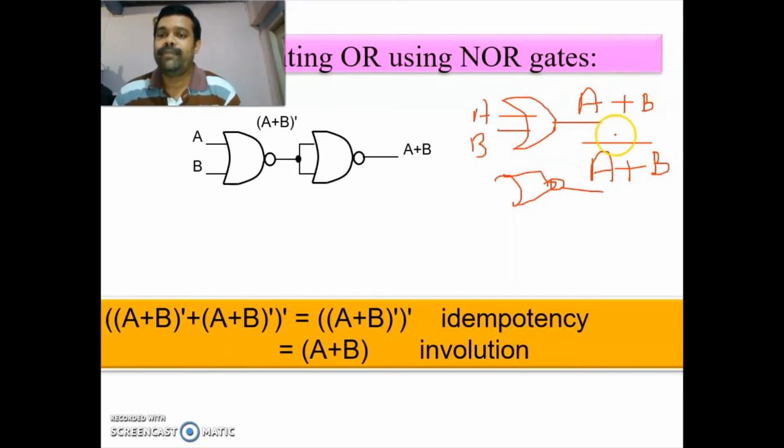So you are getting an inverted output. So first we give the inputs A and B to a NOR gate. So you will be getting A plus B, the whole bar.